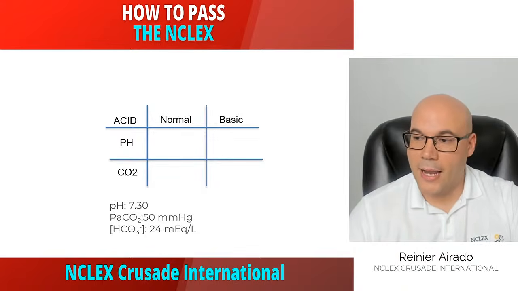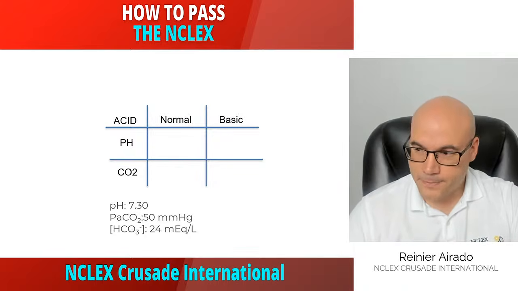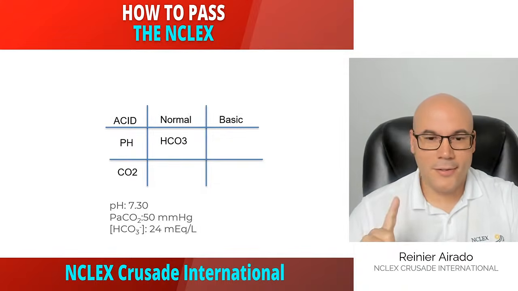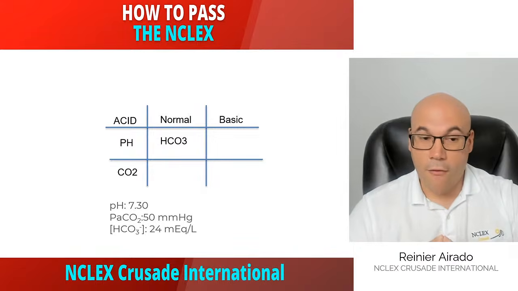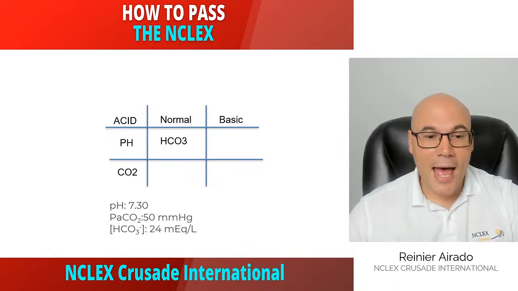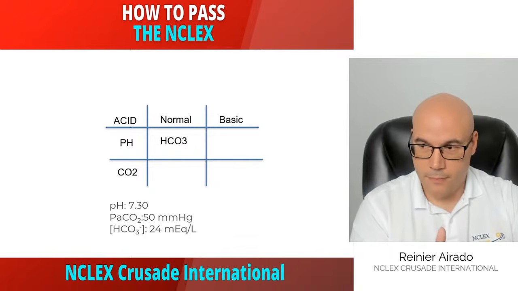The bicarbonate now is 24, and we know that the normal range is 22 to 26. So we're going to put bicarbonate under normal. We have a different scenario now. Remember that in comparison to what we've seen so far, this is different, because now we have bicarbonate normal.